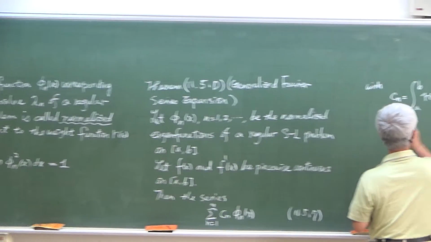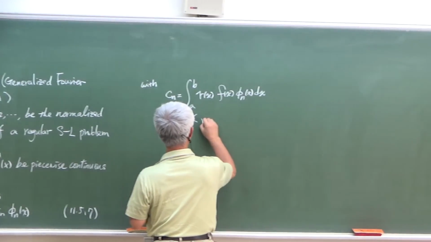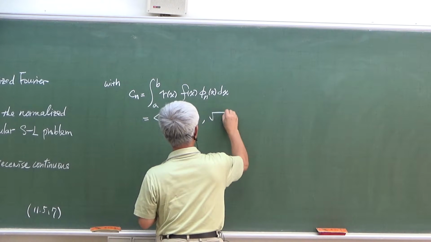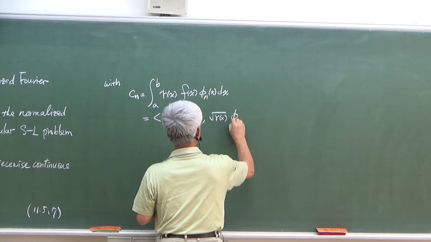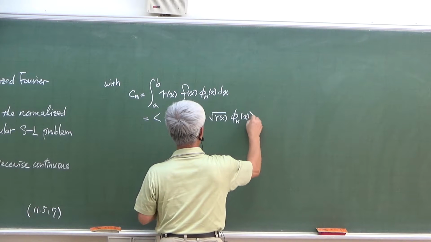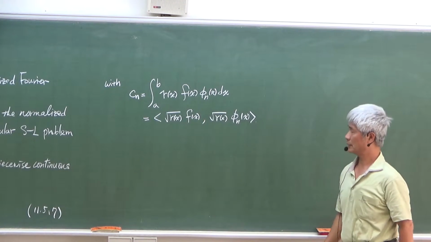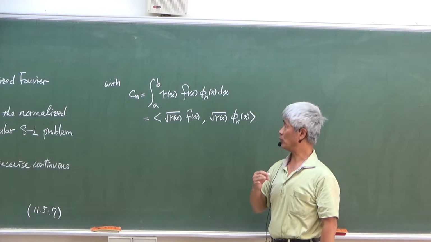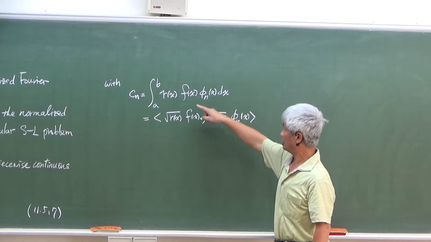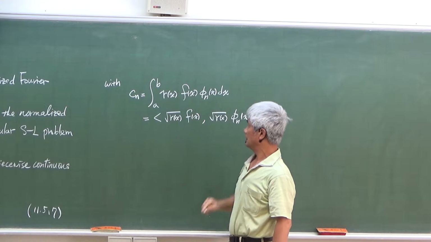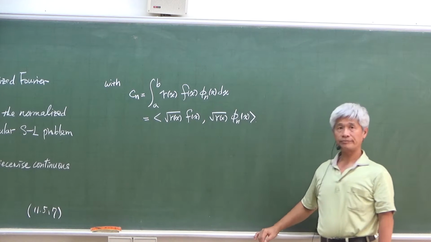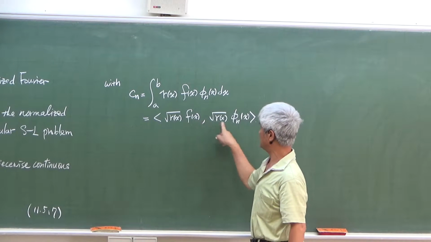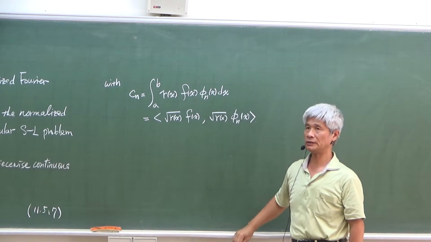You may think about this as the square root of r(x) times f(x), and the square root of r(x) times phi_n(x), in the L2 space. We defined the L2 space before. The coefficient C_n is obtained by the inner product of these two functions.